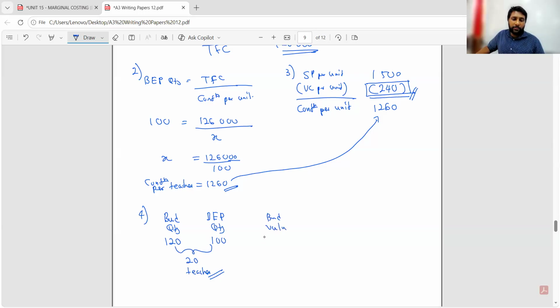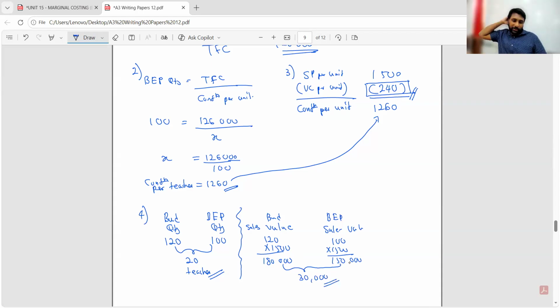Budgeted value: 120 into 1,500. Break-even point sales value: 100 into 1,500. Then here 180,000, here 150,000. How much is that? 30,000. Yes. Am I correct? So this is only one way.